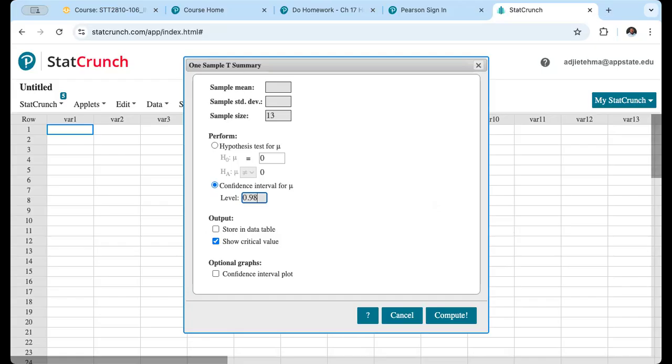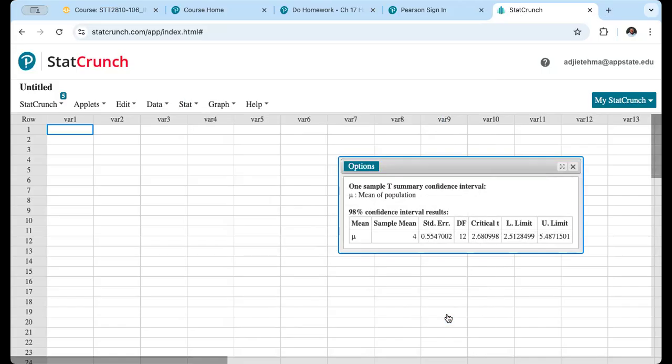Now we just want a critical value. Let's put any number here. Sample mean, let's put 4, standard deviation, let's put 2. It doesn't matter. We are not interested in the confidence interval now. We just want the critical value. The critical value doesn't depend on the sample mean or the standard deviation. Does that make sense? So when you do that, you just hit compute.